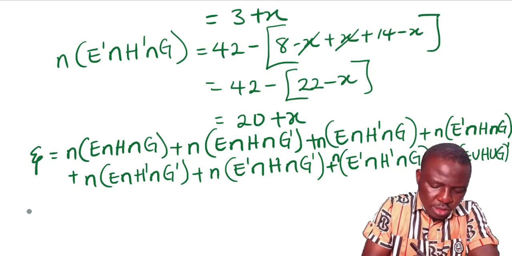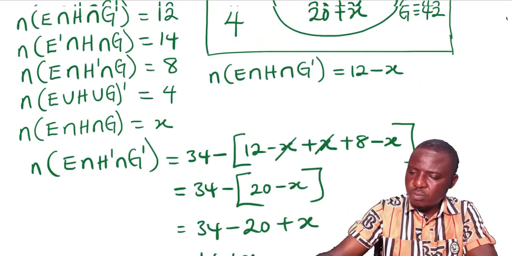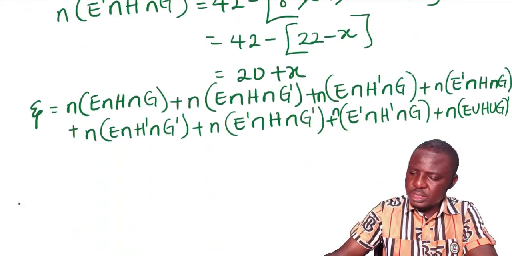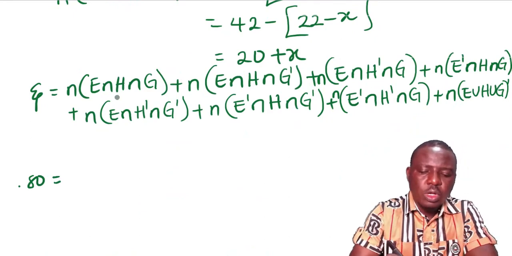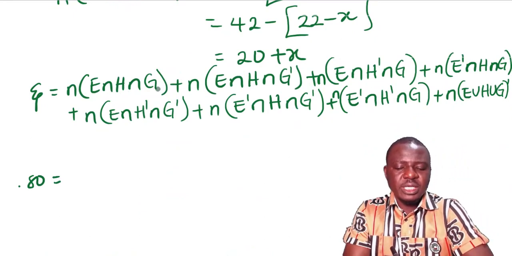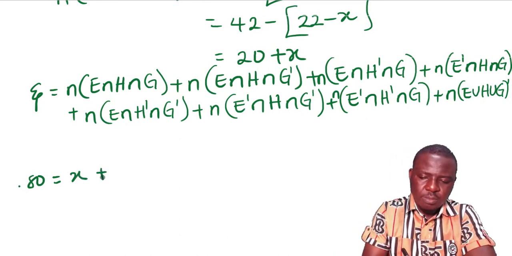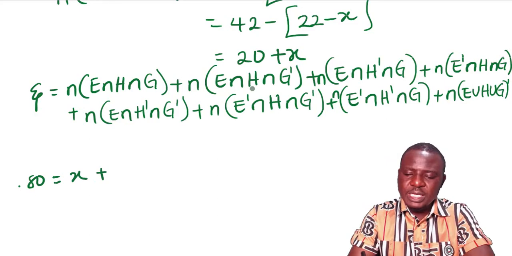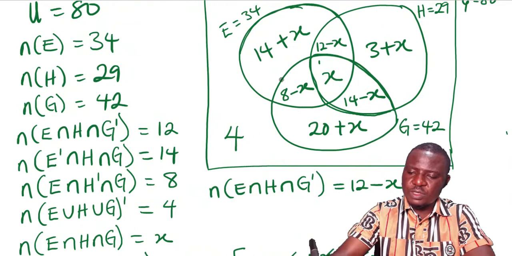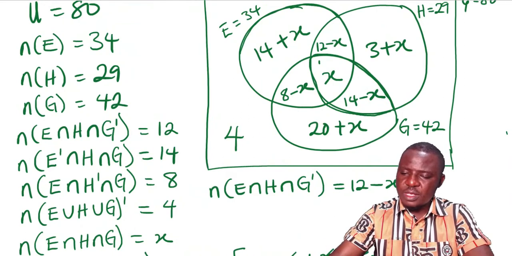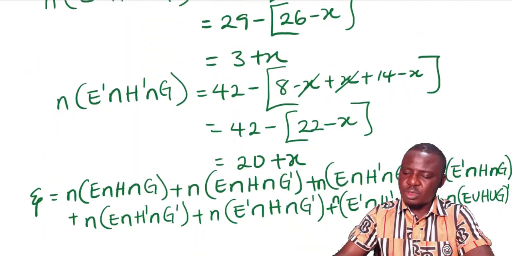So the universal set is given to be 80. I'm now substituting: 80 is equal to n of English intersection history intersection government, those who offer all 3, that is x, plus those who offer only English and history. So what you will do is just sum up all of this. I have 12 minus x, 8 minus x, and 14 minus x.